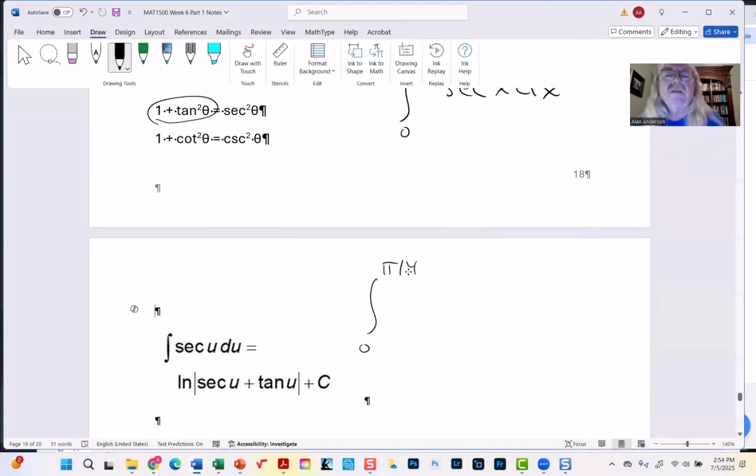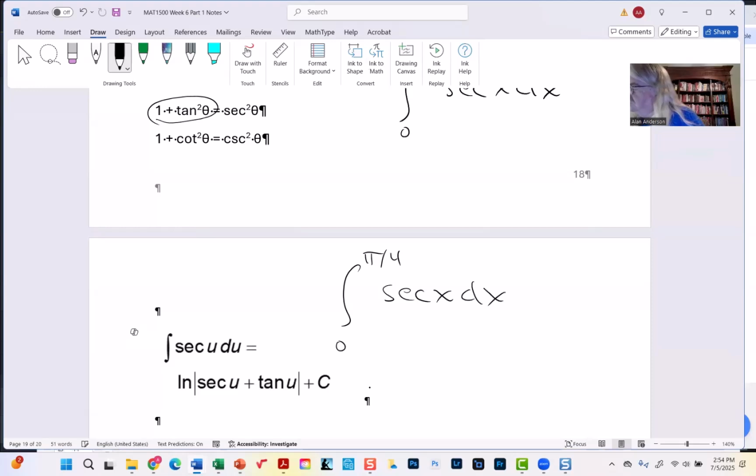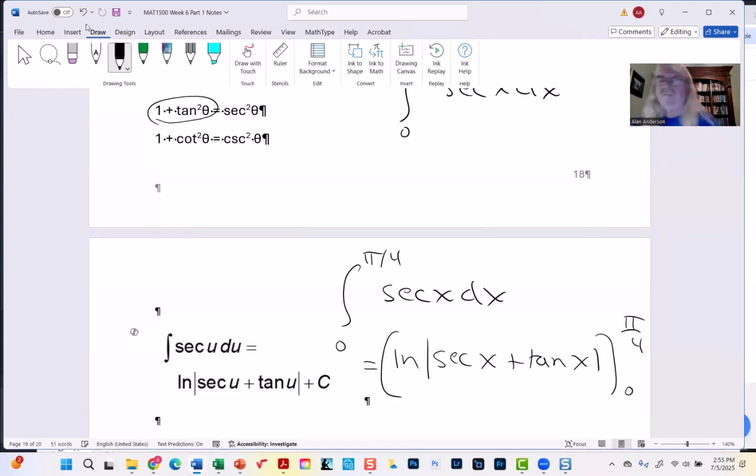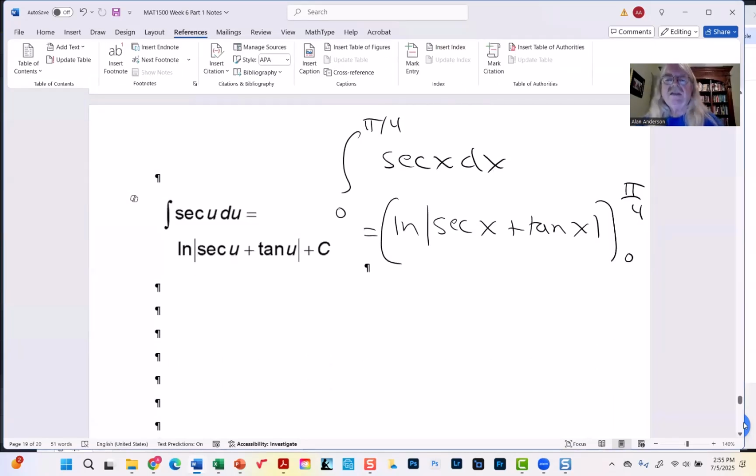We have... now this is a definite integral, so we don't need the constant. Instead, we have to evaluate it over the interval from 0 to pi over 4. All right, so that gives us this.